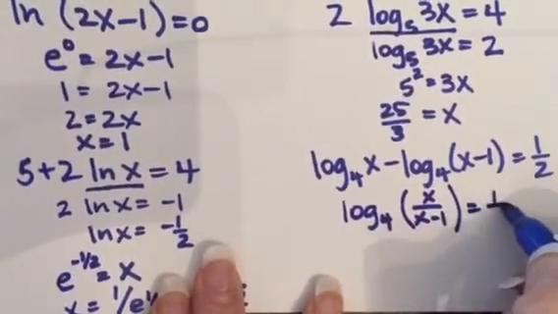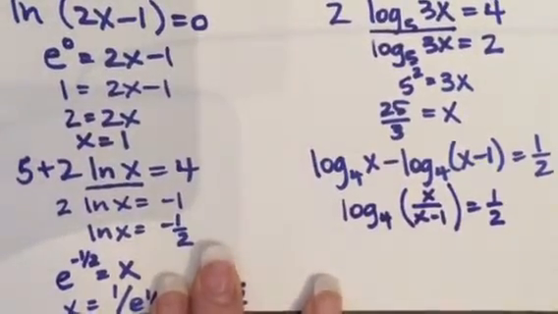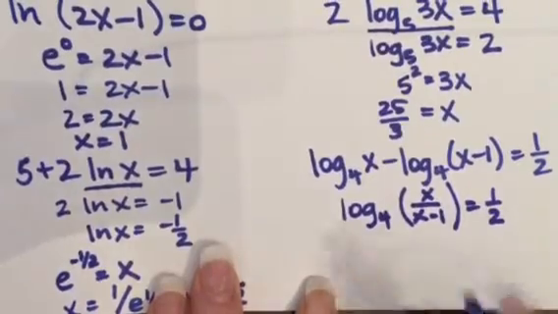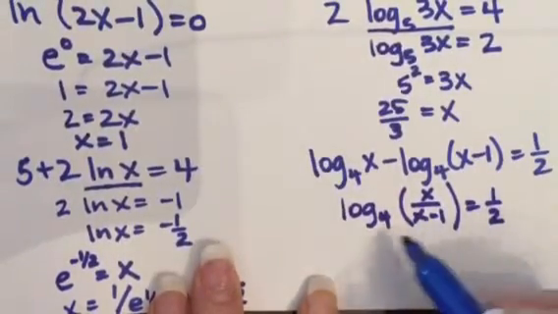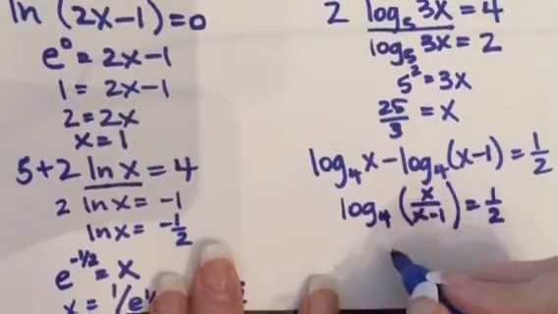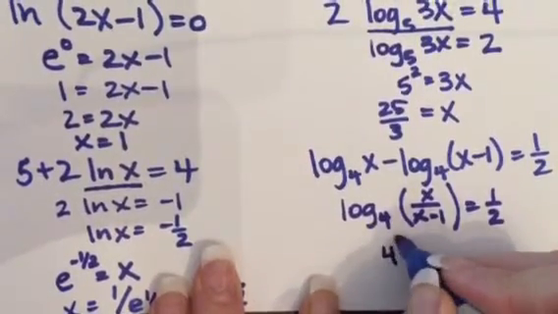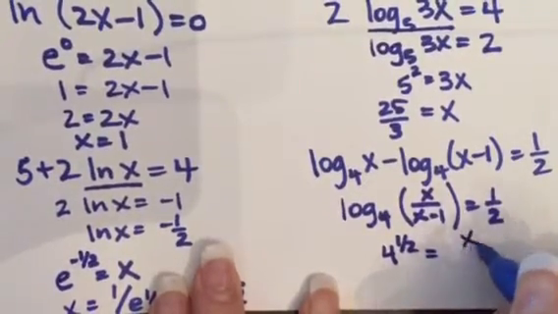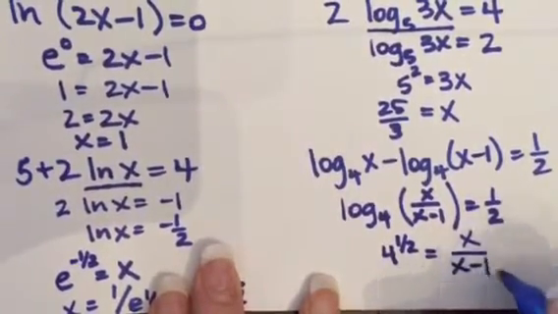And that all is equal to 1/2. Okay, so what I have here now, I can write as an exponential equation. Get rid of that log altogether by writing it as an exponential equation. So 4 raised to the 1/2 power is equal to x over x minus 1.